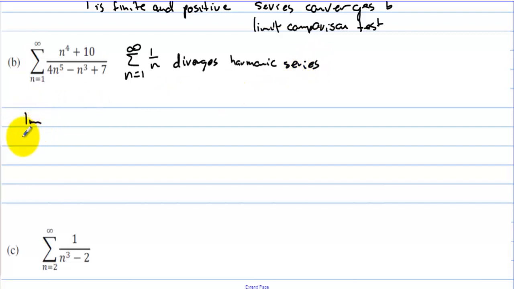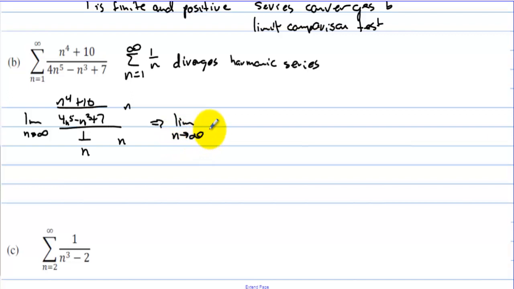Then we'll do the limit as n approaches infinity of a sub n, or our first one, n to the fourth plus 10 over 4n to the fifth minus n to the third plus 7, divided by what we're comparing it to. This is the b sub n. Then multiply the top and bottom by n, which is the limit as n approaches infinity of n to the fifth plus 10n over 4n to the fifth minus n to the third plus 7.